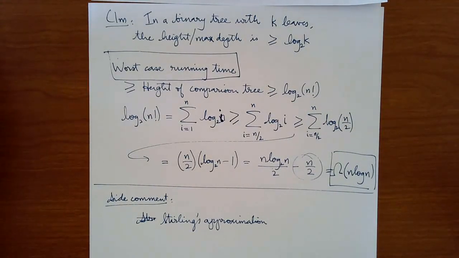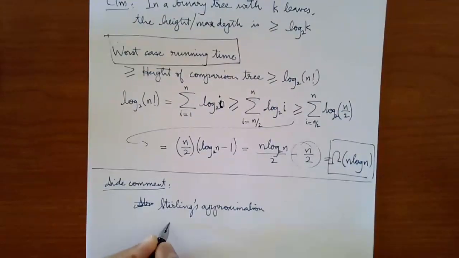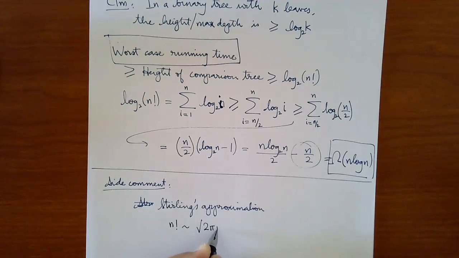All right. Stirling's approximation says that n factorial is asymptotically square root 2 pi n times n divided by e, to the power n.